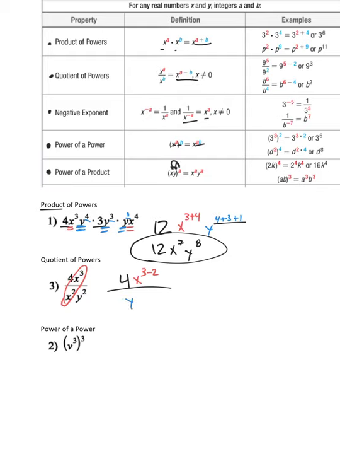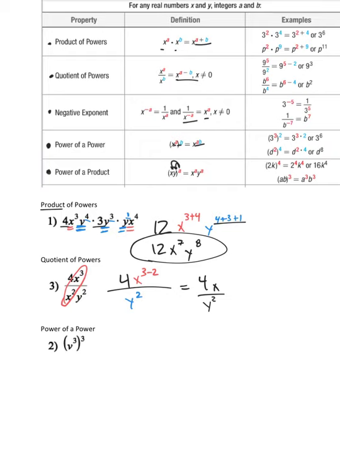And then y squared, there's no other y base, so we're just going to leave that on the bottom there. So this would simplify to 4, and x to the 3 minus 2 is 1. We don't need to write that. I mean, we could write the power of 1 there, but do not need to write that. In fact, don't get in the habit of writing it. It's understood to be there. Over y to the power of 2.